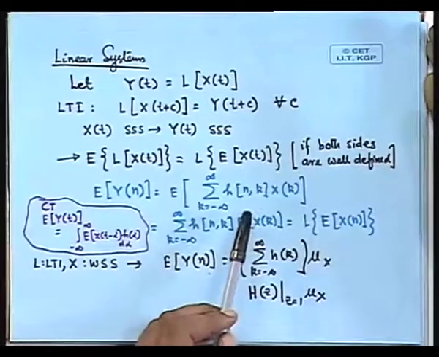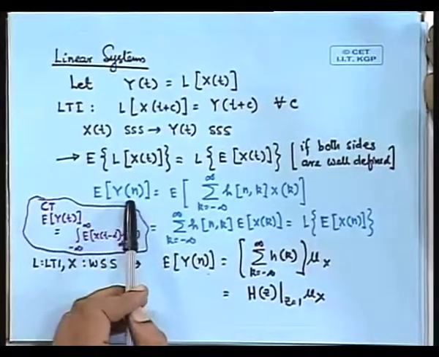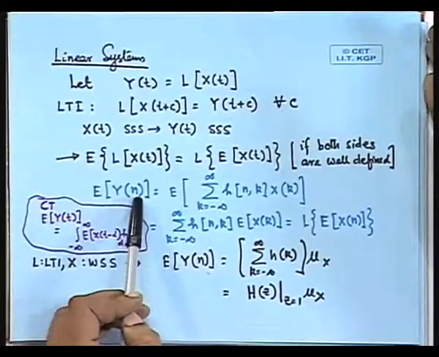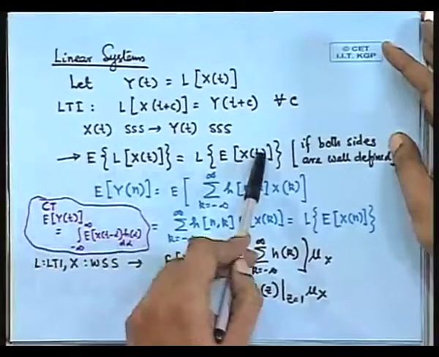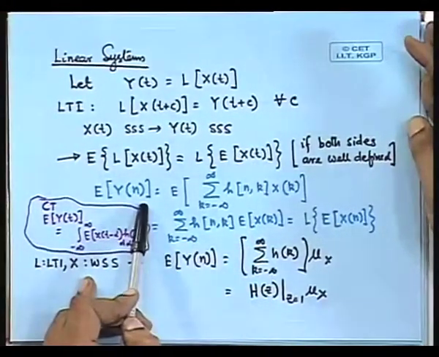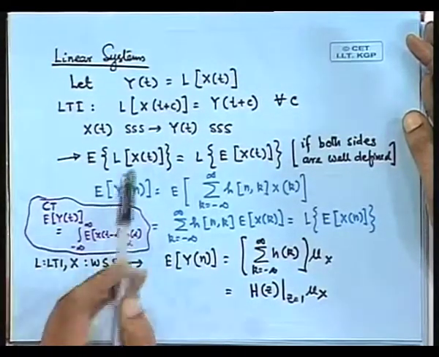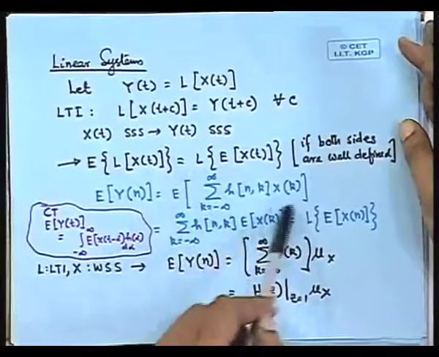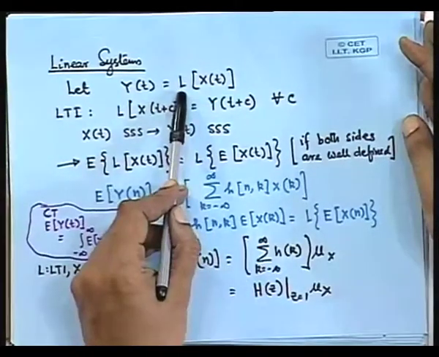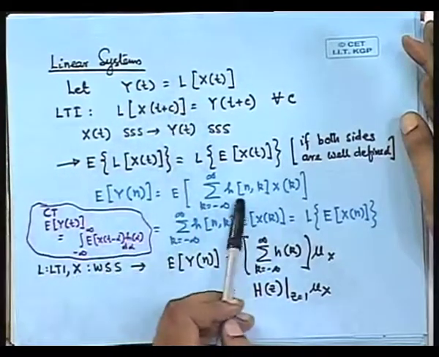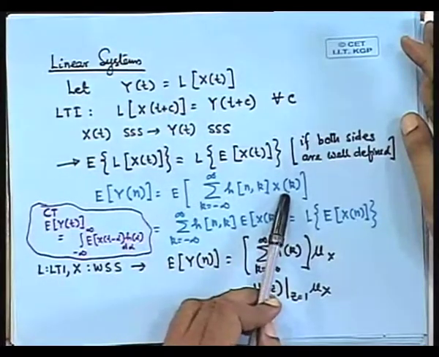So in the discrete time sense, expectation of yn is equal to what? This is a kind of proof of this in the discrete time case. So what is the expectation of yn? yn is given by this impulse response operator, because we are talking about linear systems. So it is h of n,k times xk.